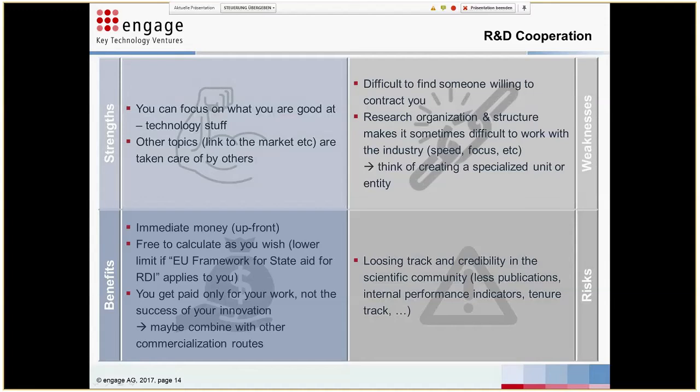So you should take care of this, and you should get the backing of your research organization, of your dean or of your rector, if you want to do this, because you might need it when other things are discussed in the research organization. It's about rooms, or it's about who will get equipment and stuff like this. These are typically the situations when your colleagues who are not doing so much applied work will point at you, well, this is not a real scientist, this is a hired gun of the industry. So this might be a risk.